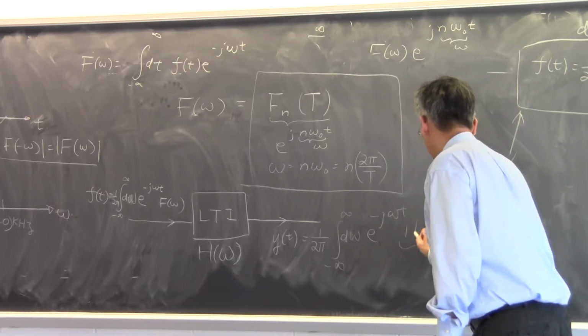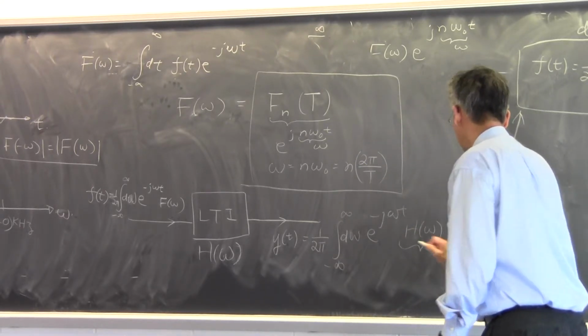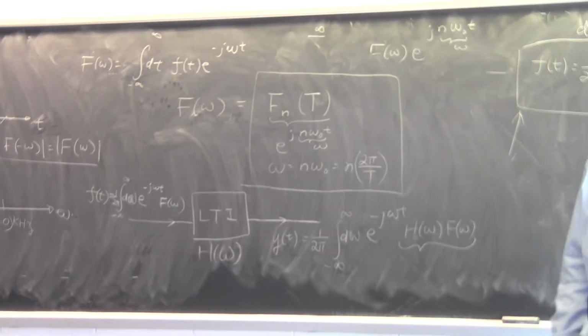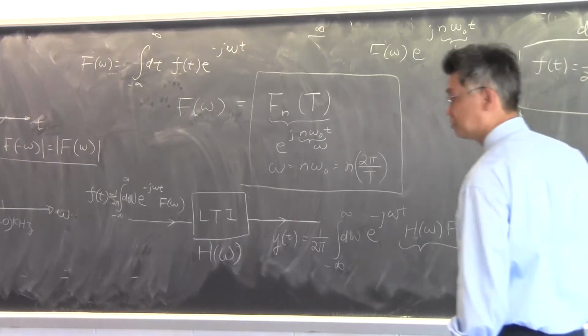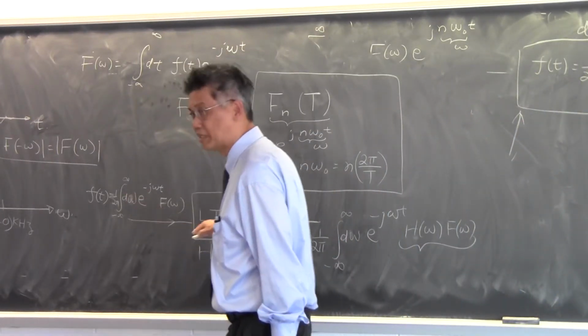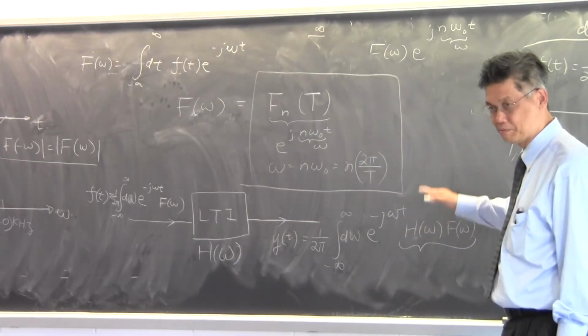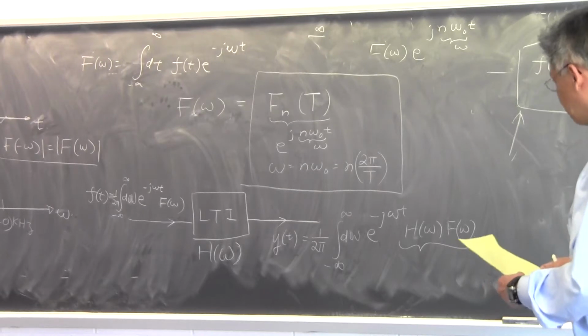It will be just h of omega times f of omega. The same thing applies, because the Fourier transform is just a limiting case of the Fourier series expansion. Whatever you have learned for phasors and Fourier series applies to the Fourier transform as well for a linear time invariant system.